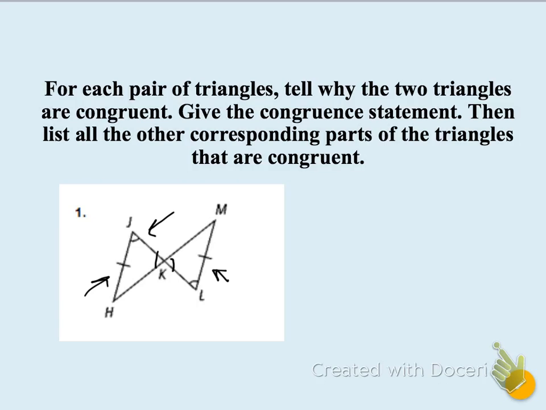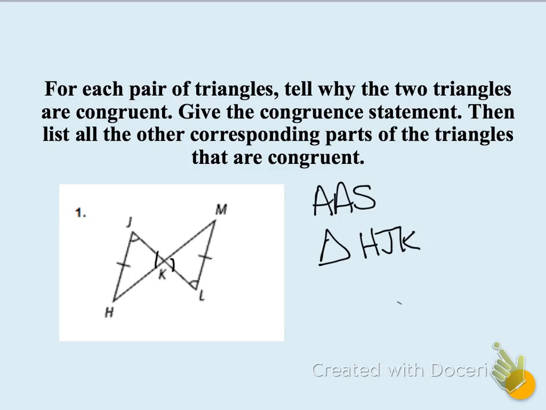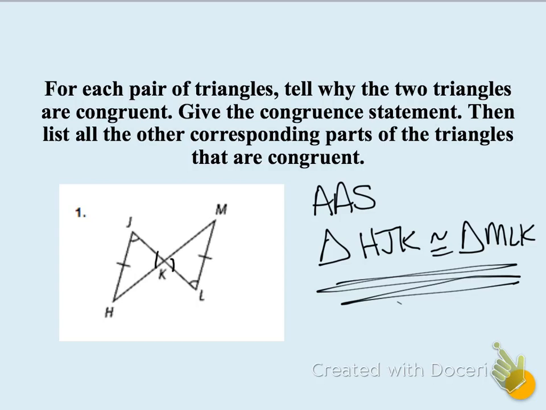We also have these two angles being congruent, and then we also just made angle K congruent because of vertical angles. So by angle, angle, side, we know that triangle HJK is congruent to triangle MLK. Okay, so this is my congruence statement right here.